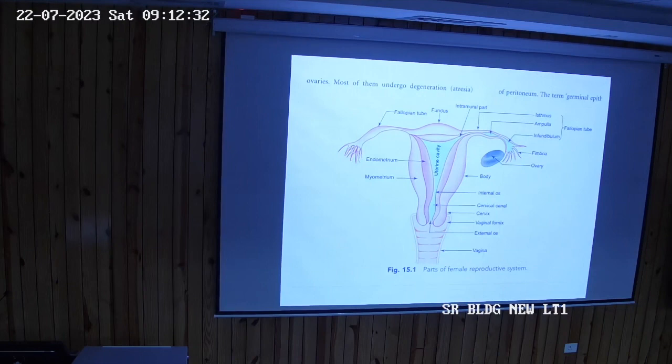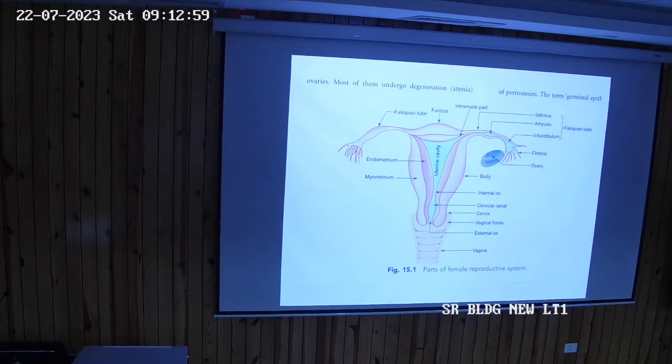Try to understand. The outer covering of the ovary is lined by cuboidal epithelial cells, and this cuboidal epithelium is called germinal epithelium. But germinal epithelium is the wrong word used here, because these cells do not produce any oocyte or ovum. Okay?